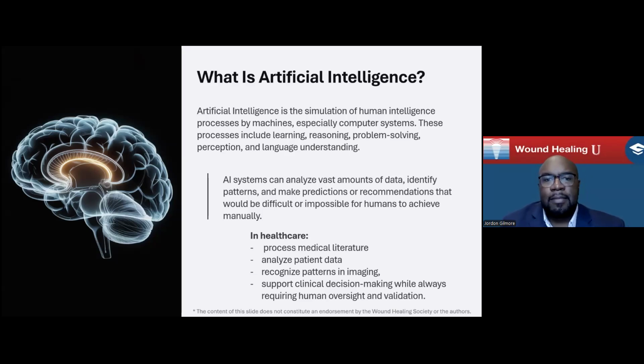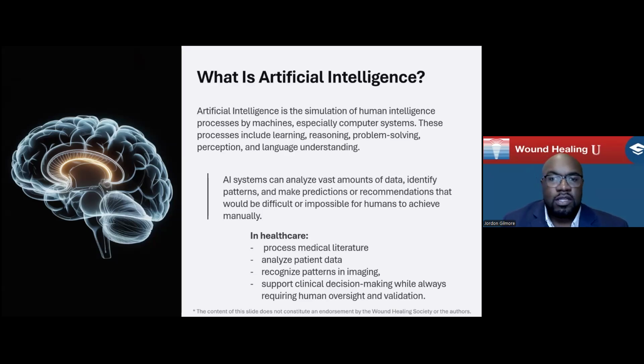So AI systems really begin with data. So oftentimes, when you talk to AI engineers, the first questions that they ask are about the data. How much data do you have? What's the quality of that data? And because these systems are so needy for data, that's where a lot of the effort has been in applying these systems to healthcare.